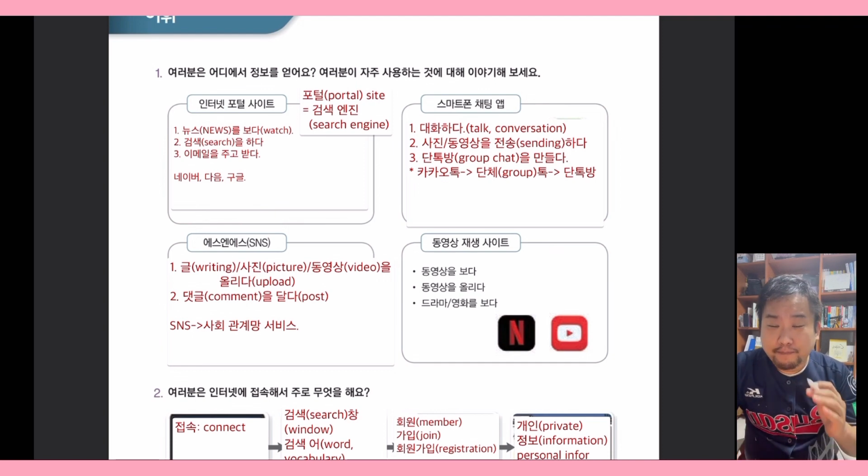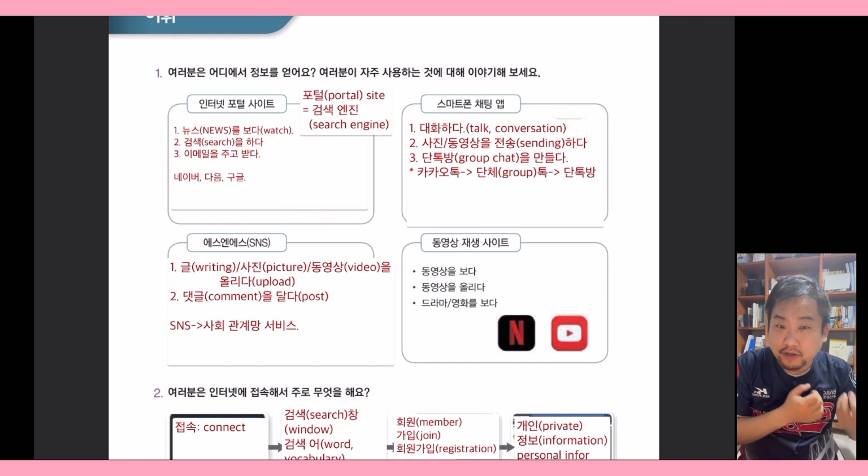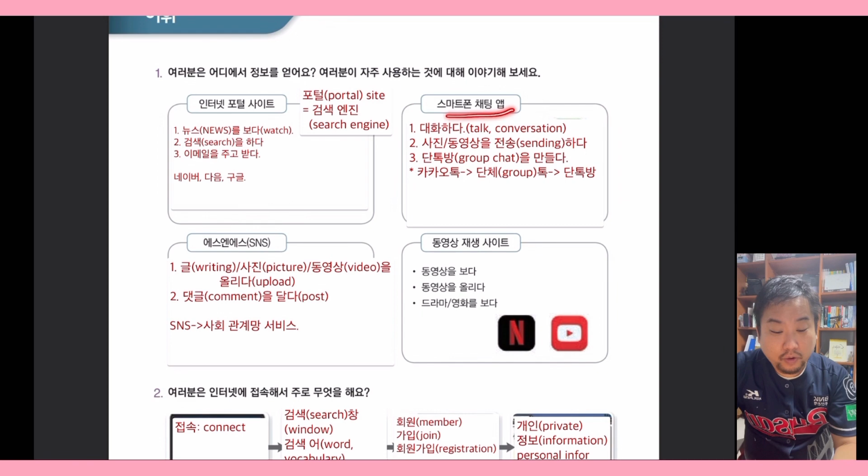Naver is the main portal and Daum is the second biggest because of KakaoTalk. KakaoTalk and Daum are the same company; they merged as one. So KakaoTalk is also an important part of Korean informational society.